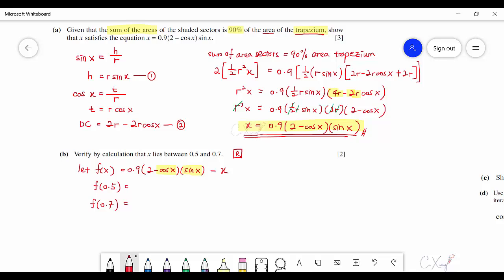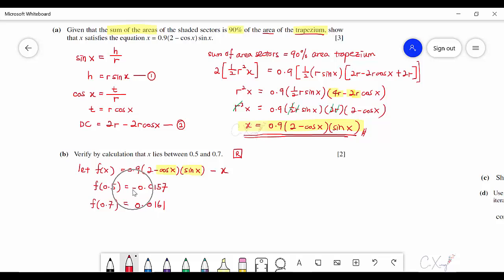When you substitute 0.5, if you didn't make any careless mistake, you should get negative 0.0157. If you substitute 0.7 into the function, you should get 0.0161.